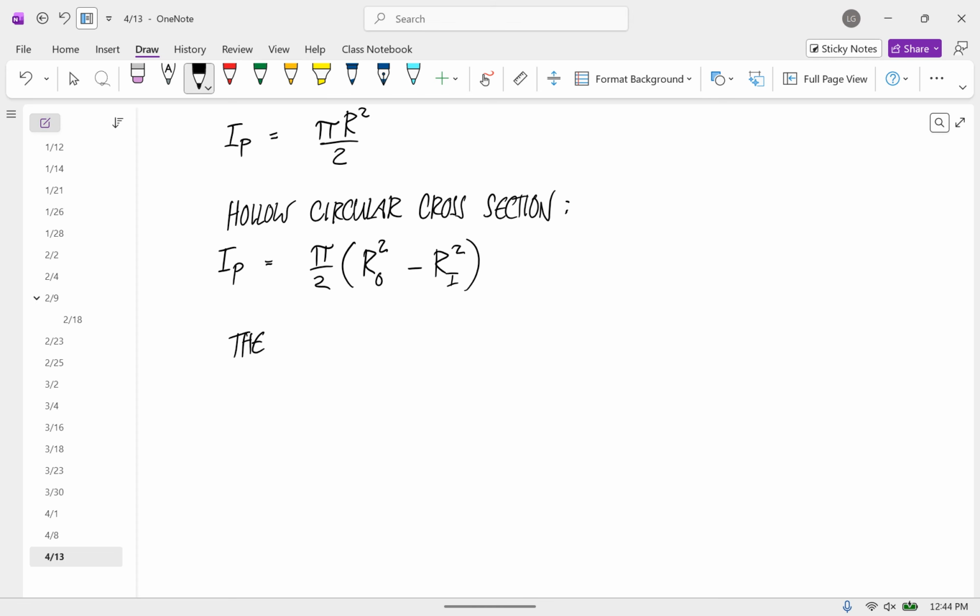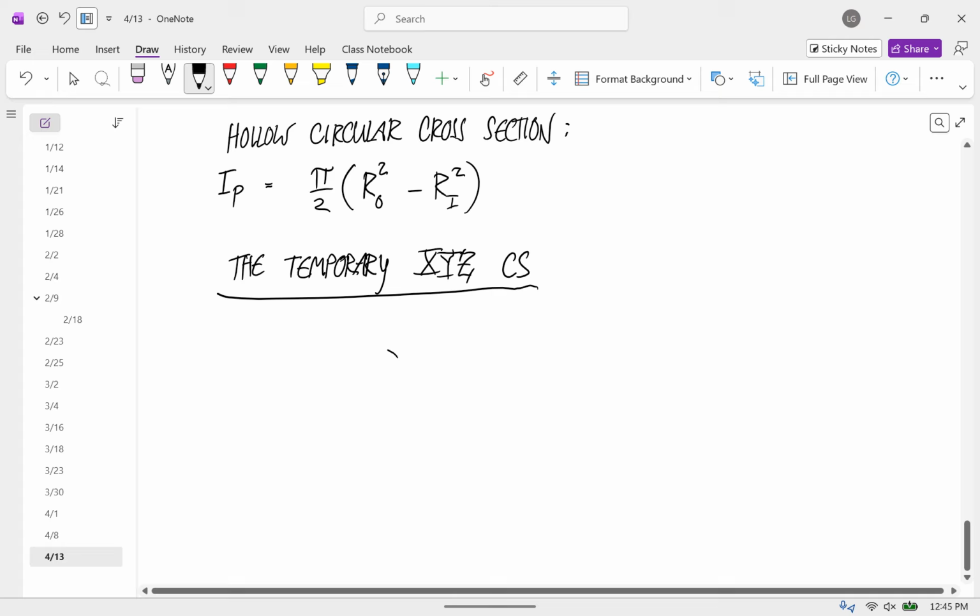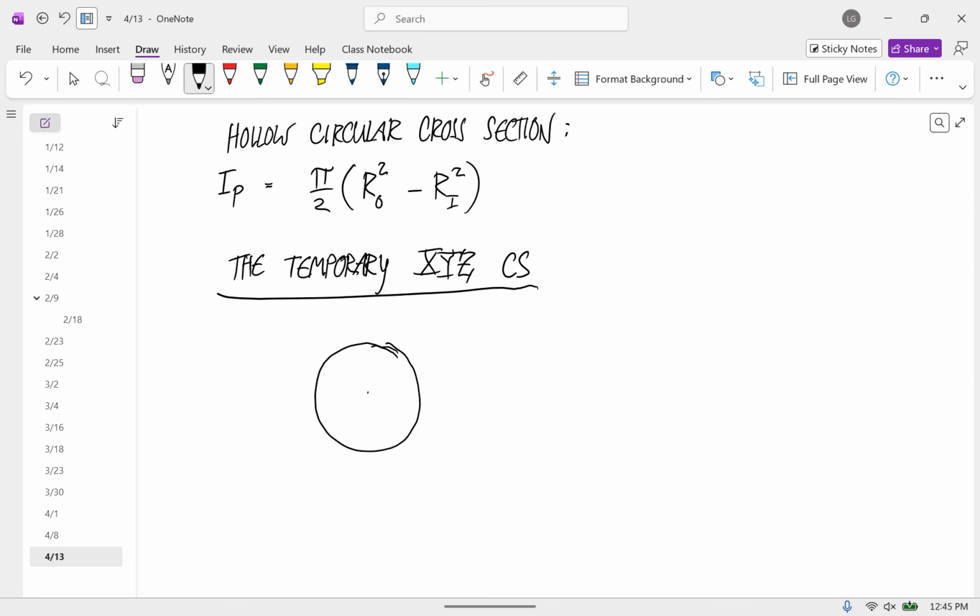So now how do we deal with this capital XYZ coordinate system? This is the temporary capital X, capital Y, capital Z coordinate system. Let's think about a case where we want to calculate the stress at a point here.